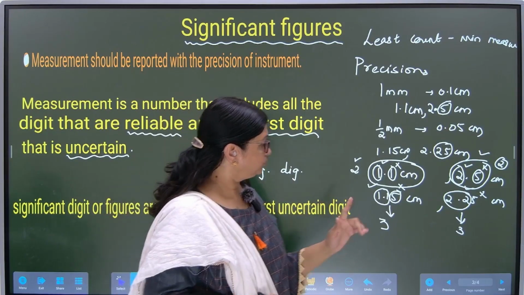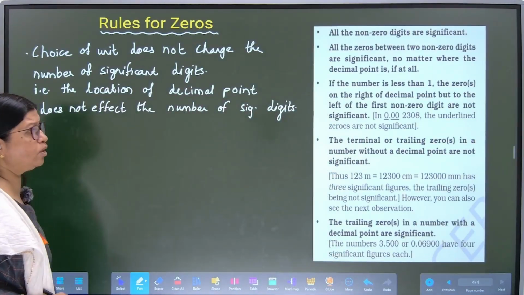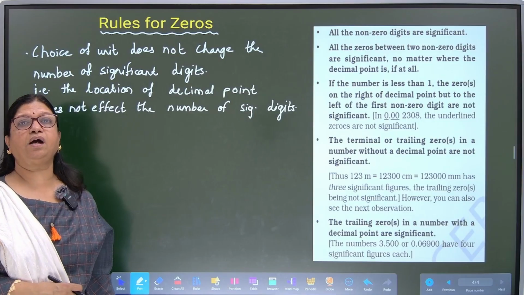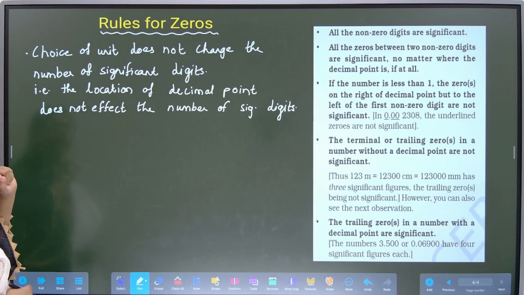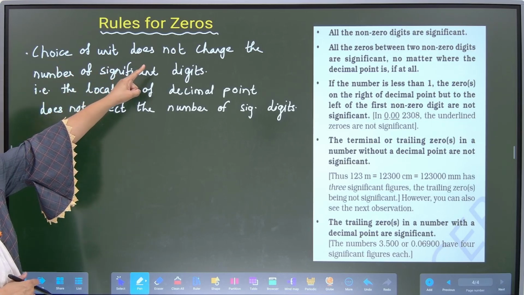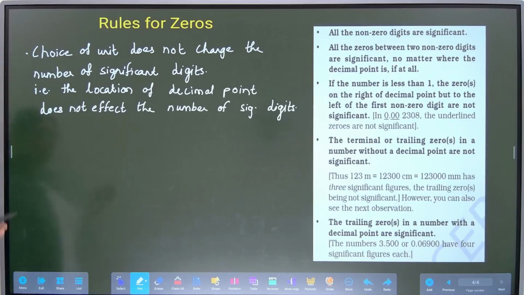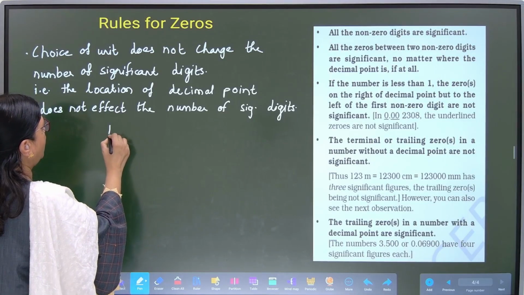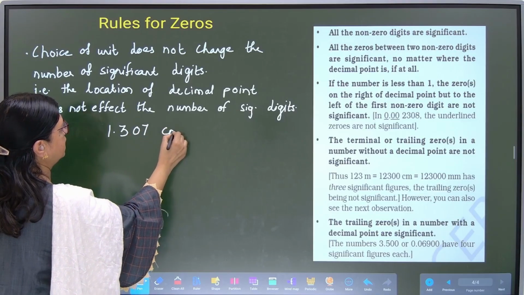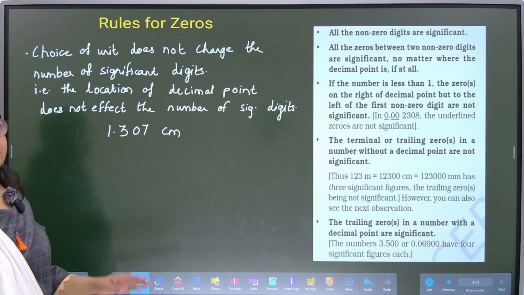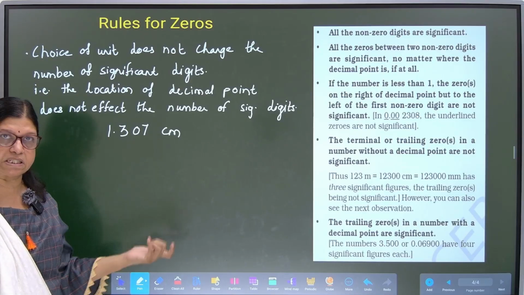Okay. Now, while making the measurements, we also have to take into account certain other points. I have noted those points here. Choice of the unit does not change the number of significant digits. So consider a measurement 1.307 centimeters. Okay, that is the measurement with the instrument which has a precision of 3 digits after the decimal.